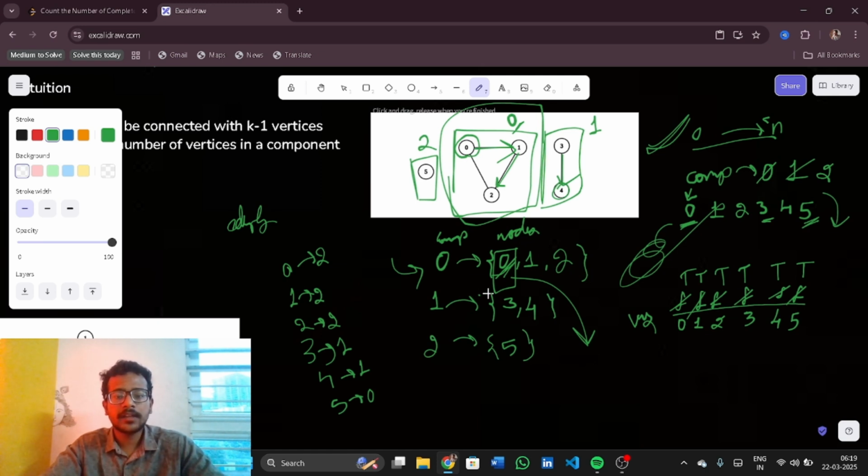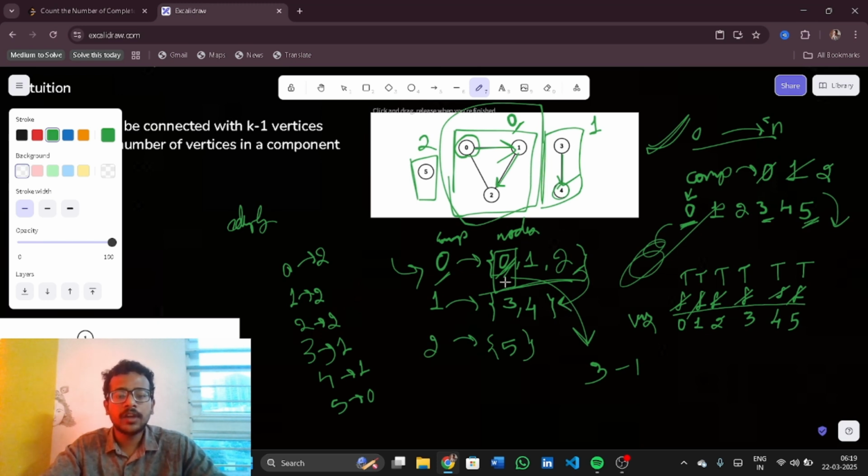What is k here? K is the number of nodes in the particular component. So it should be 3 minus 1, which is 2. Whenever I get any node which does not have k minus 1 as the degree, get out of that component and go through the next component.